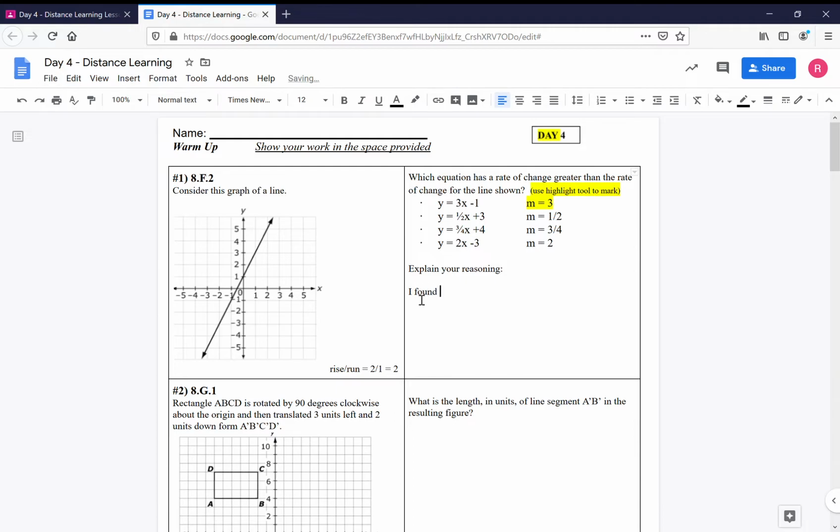I found the slope of each line, each equation, and then I determined the slope of the graph, which allowed me to compare them.